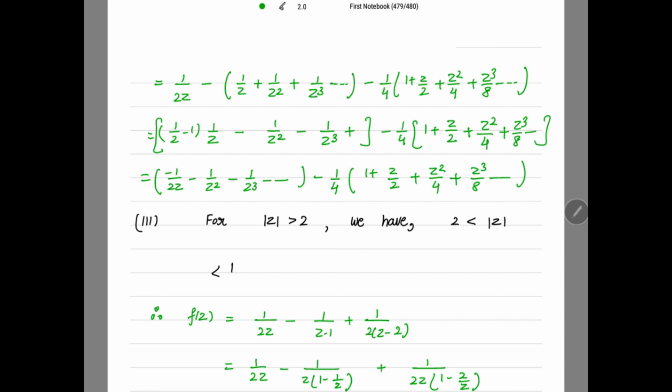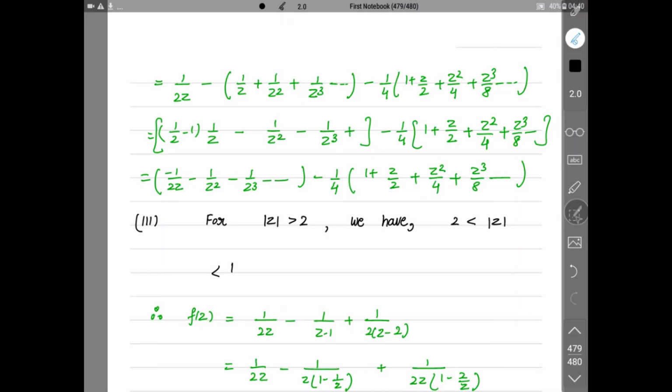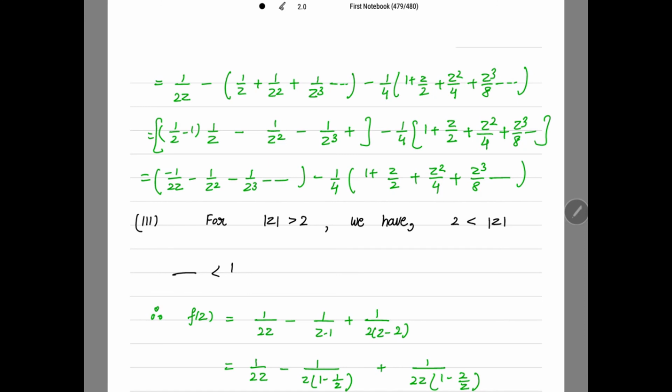How can I write mod z greater than 2 as? Can I write 2 less than mod z? Yes. Now I need less than 1. What should I write? From 2 less than mod z, what should I write for less than 1? Yes, 2 by mod z.